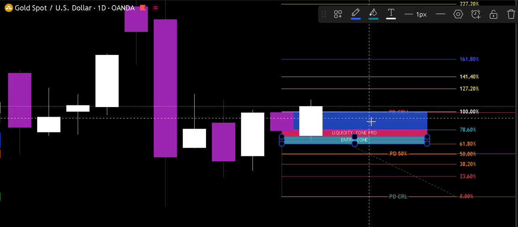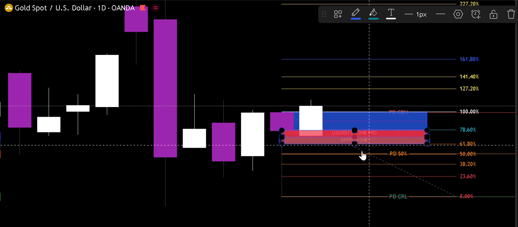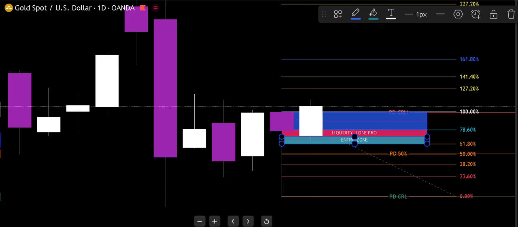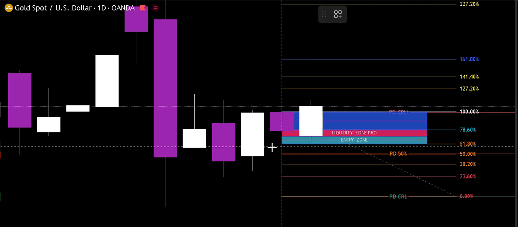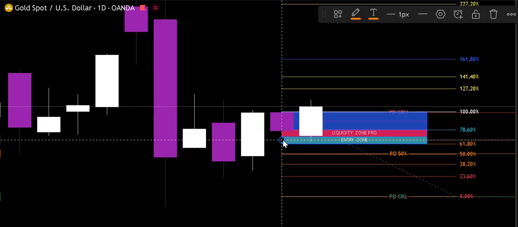After we find the entry, where the market finished, liquidity zone done, and the entry zone. After getting the entry zone, we are going to put our point of interest in the middle of the zone for the entry. Make sure that you put your pending order in the middle.